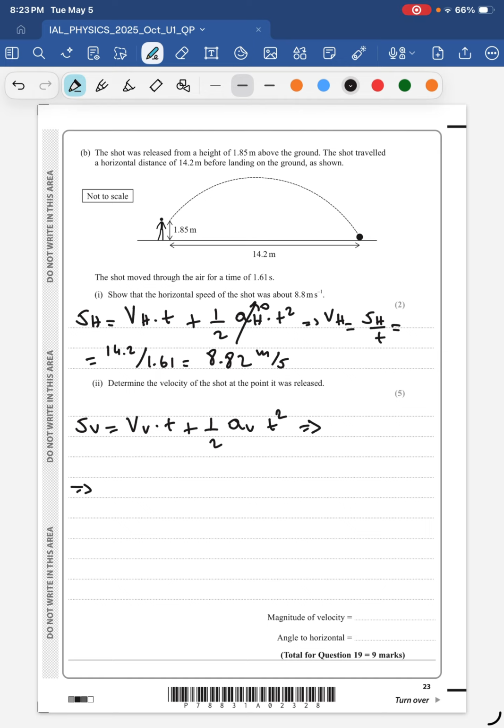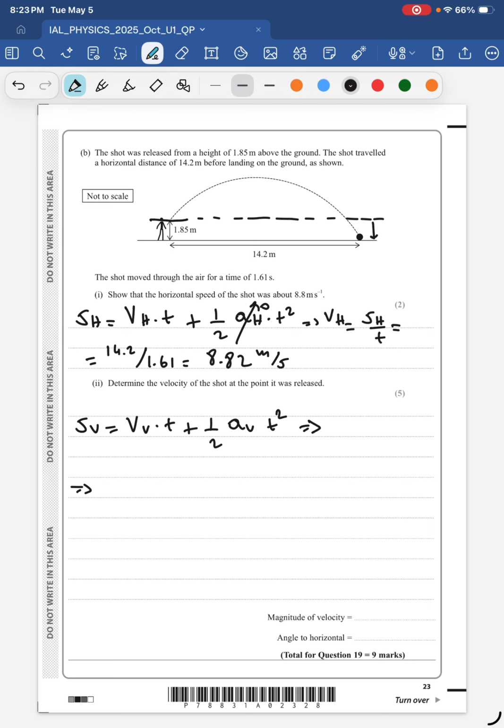Okay, now what's the distance in the vertical direction? The man is 1.85 meters tall, and the shot put ends at the ground. So the horizontal, sorry, I keep saying horizontal, I mean vertical.